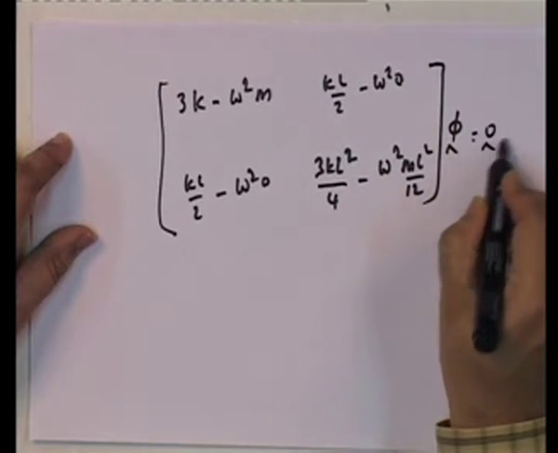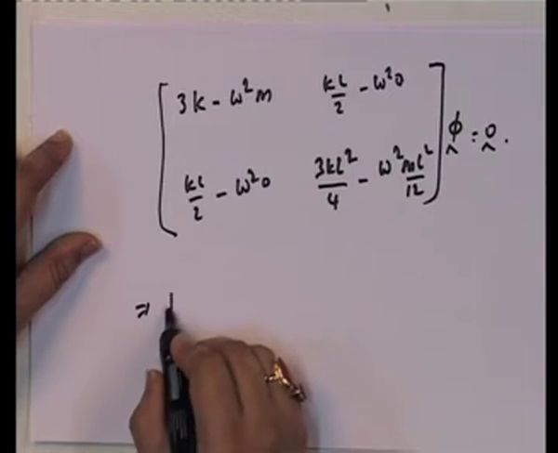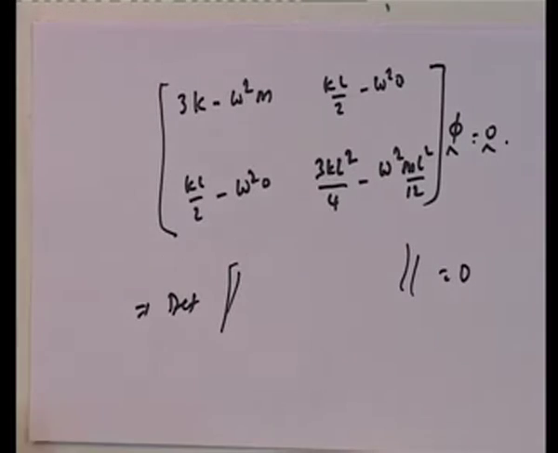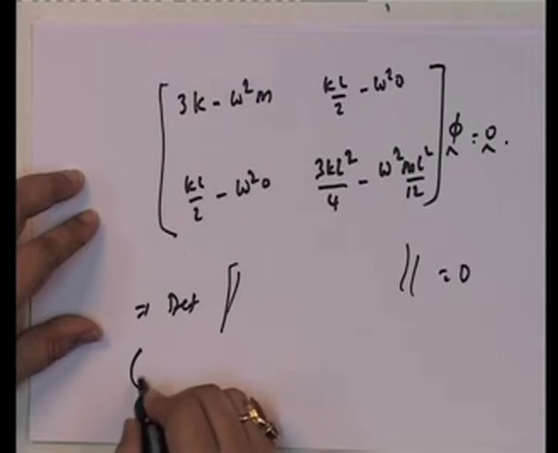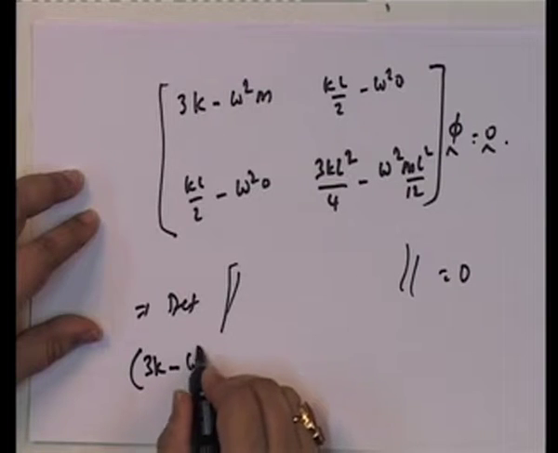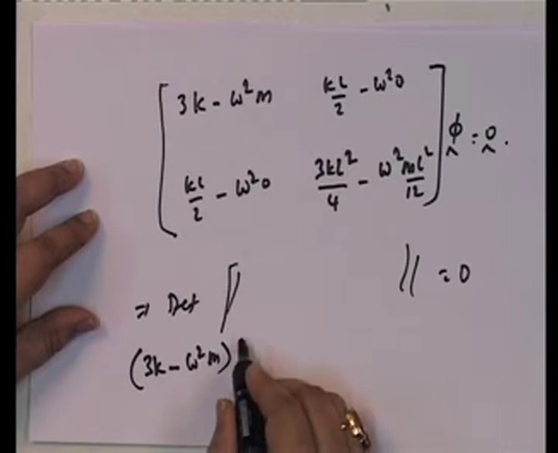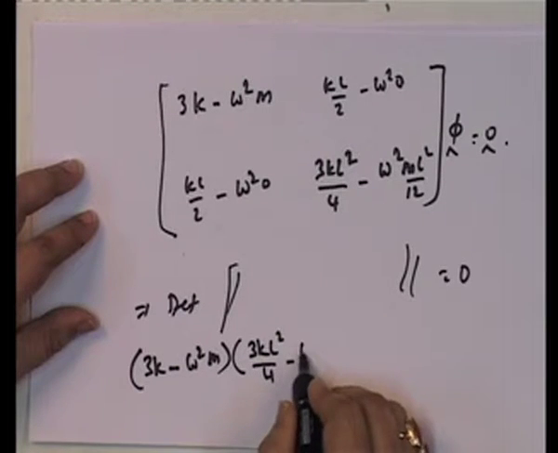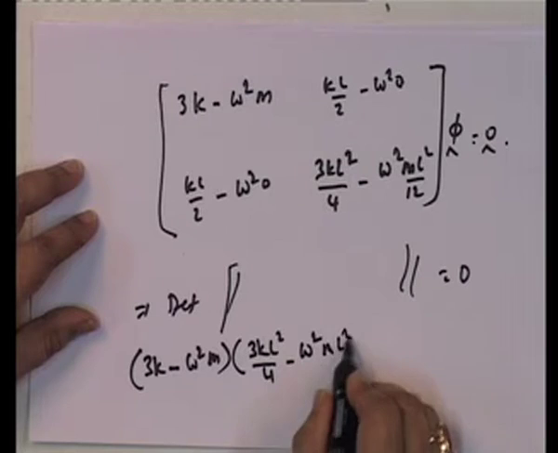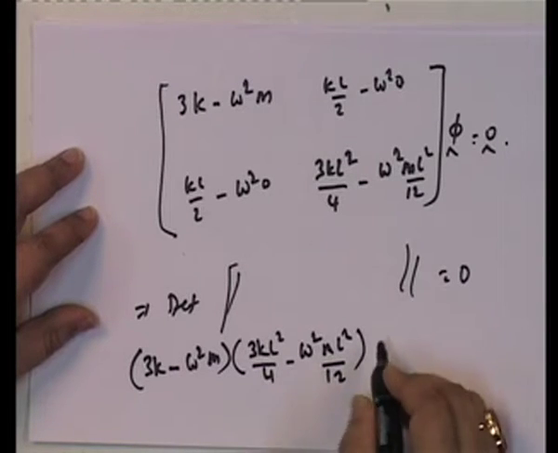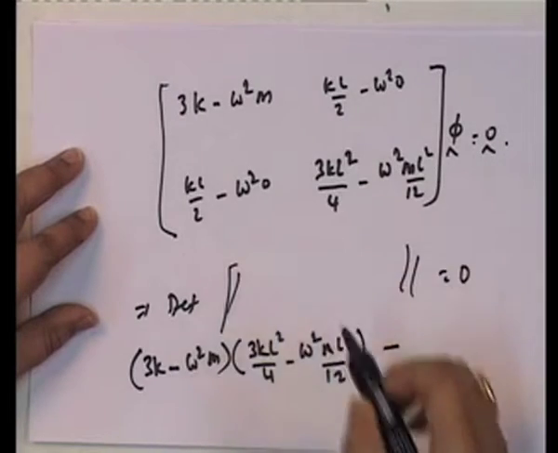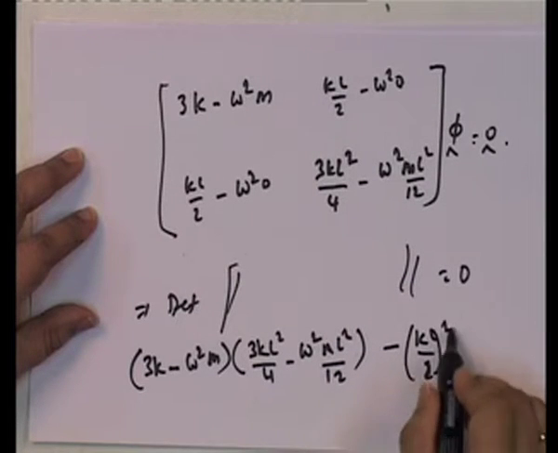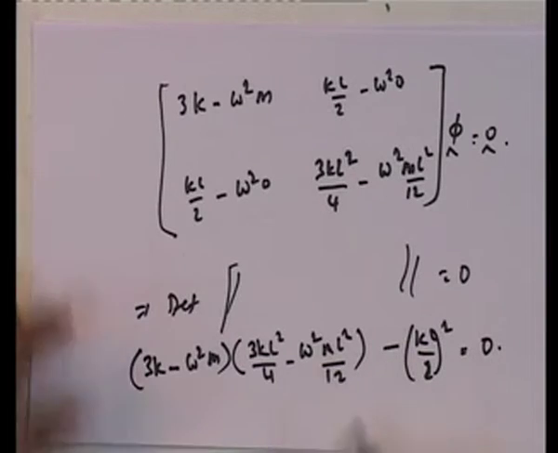This into phi is equal to 0. This implies that the determinant of this is equal to 0, and the determinant is equal to 3k minus omega squared m into 3kL squared upon 4 minus omega squared mL squared upon 12, minus this is 0, 0. So, this becomes minus kL squared equal to 0.